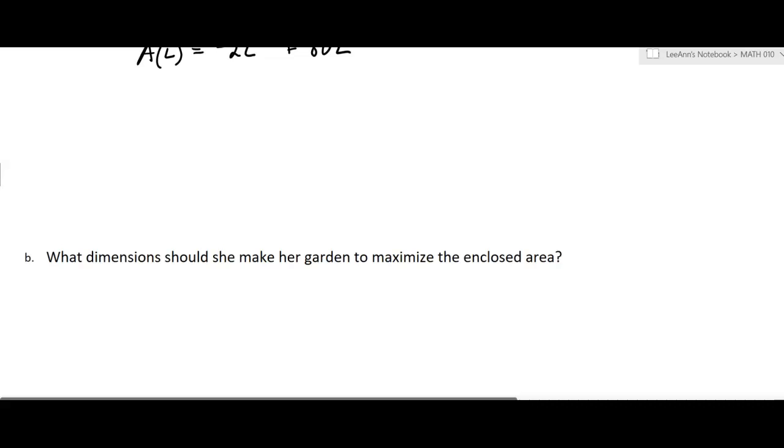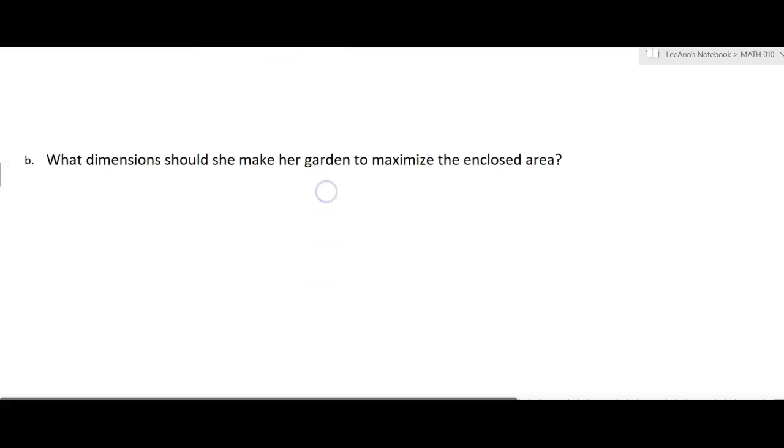Okay, so back to our formula. I'm going to have to rewrite it. You already have it written down, but I have to scroll up. Okay, so we want to maximize that. That means we need to know where the vertex is. So how do I find the vertex?